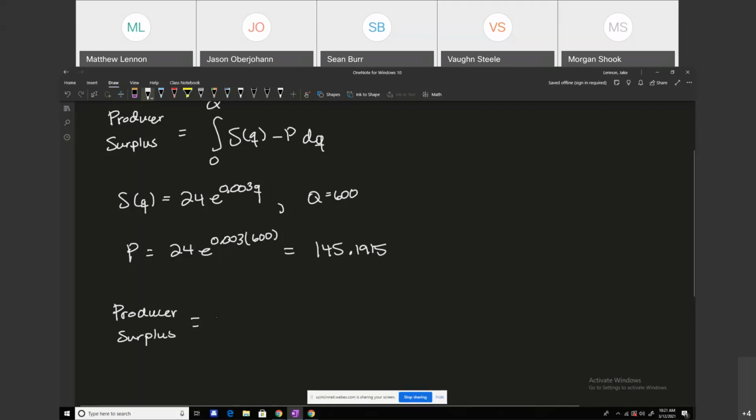So we get the integral from 0 to 600 of 24 e to the 0.003 q minus the 145.1915 dq.